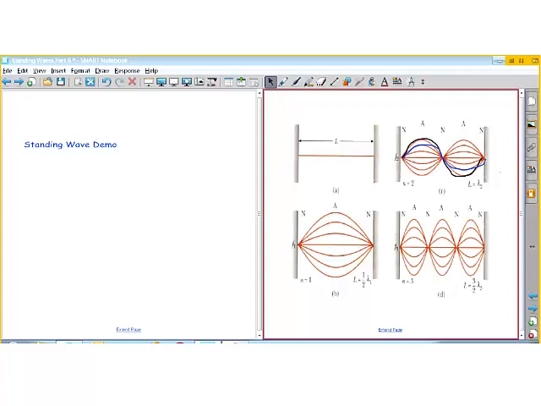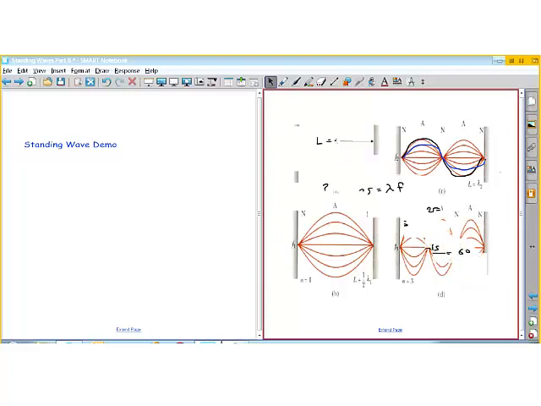Now when n equals 2, you get a full wave. You go up to 1, back to 0, back to here. So that's a full sine wave or a full cosine wave. In that case, the length between the two ends is equal to the wavelength associated with this harmonic. Here we have 3, so we go one full and a half. So the length is 3/2 the wavelength associated with that. Okay.